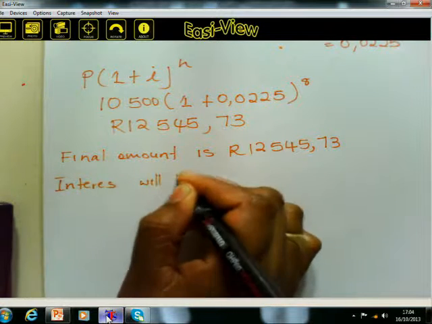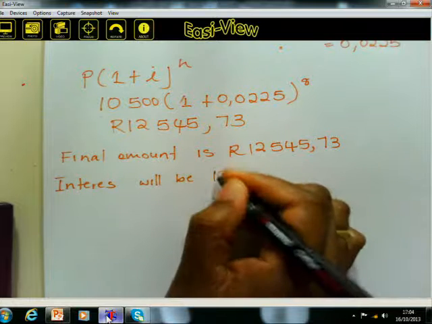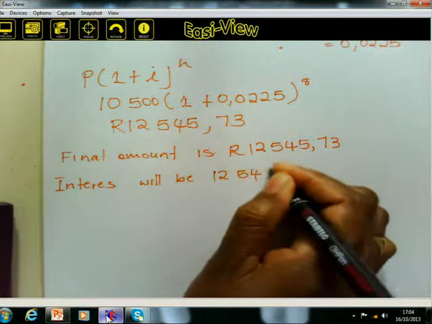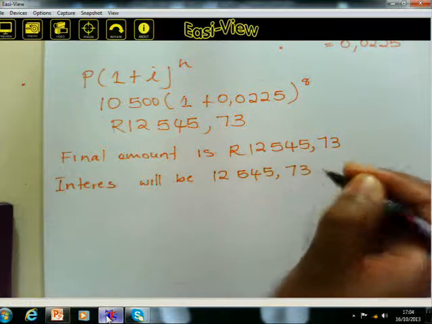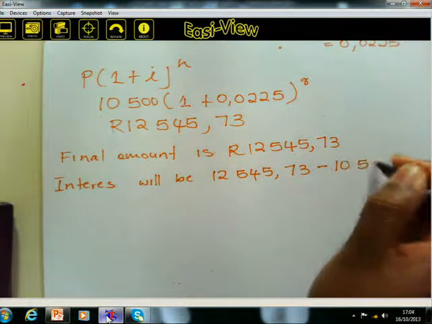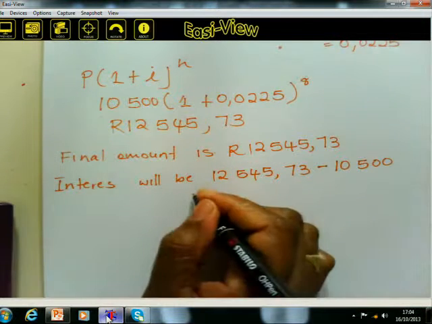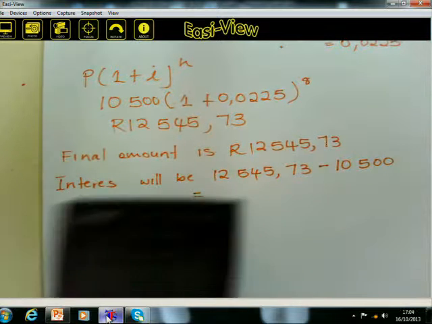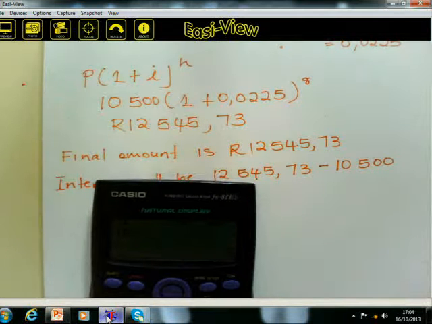And then what is the interest? The interest will be 12,545.73 minus 10,500, and then it will be 12,545 rand 73 cents minus 10,500, which is 2,045 rand 73 cents.